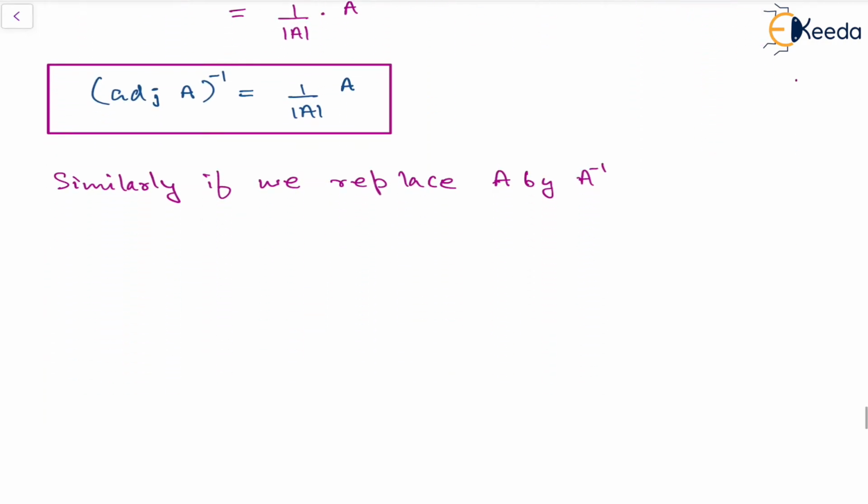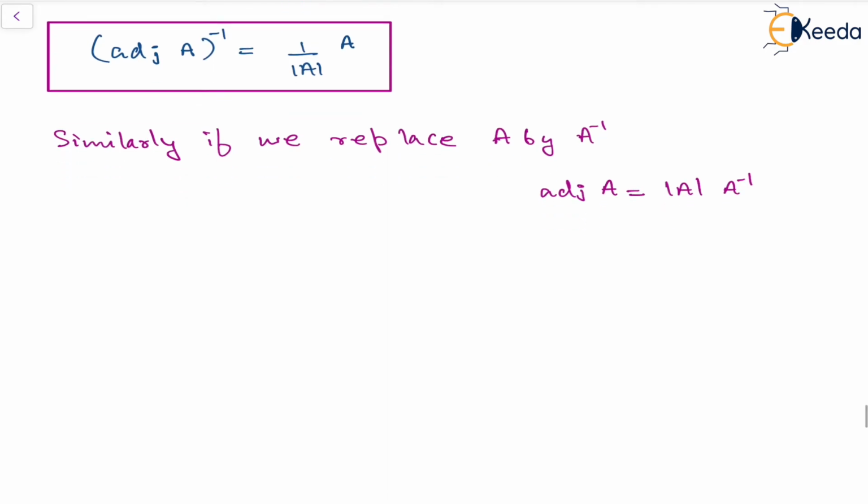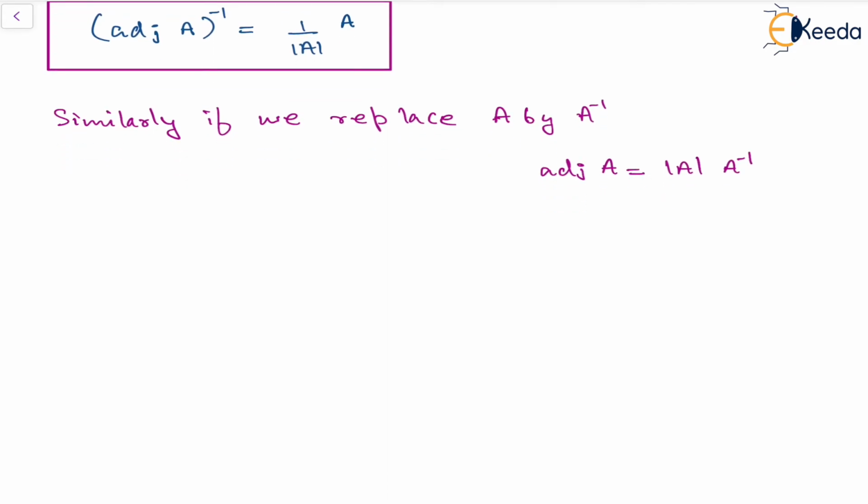So this is adjoint A equal to determinant A times A inverse, and putting A inverse instead of A, we will have adjoint A inverse equal to determinant of A inverse times A inverse inverse.